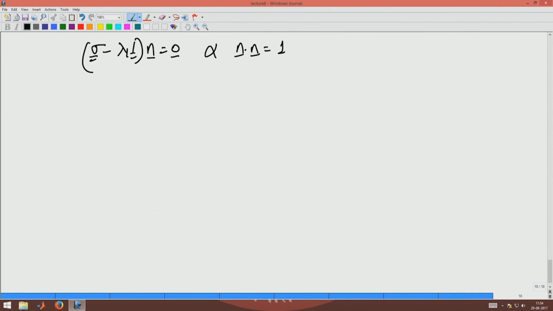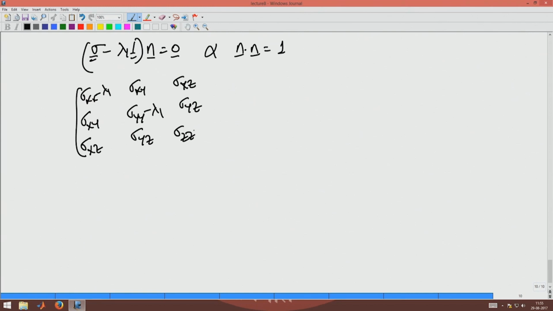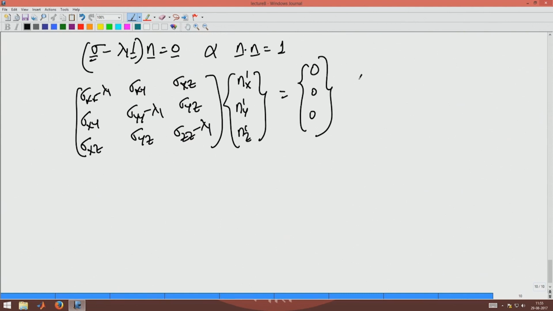So, basically now I can write this matrix: sigma xx minus lambda 1, sigma xy, sigma xz; sigma xy, sigma yy minus lambda 1, sigma yz; sigma xz, sigma yz, sigma zz minus lambda 1, times nx1, ny1, nz1, equal to 0, 0, 0, and the condition that nx1 squared plus ny1 squared plus nz1 squared must be equal to 1.